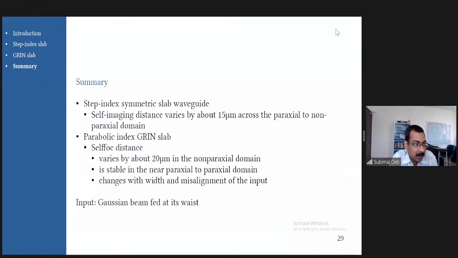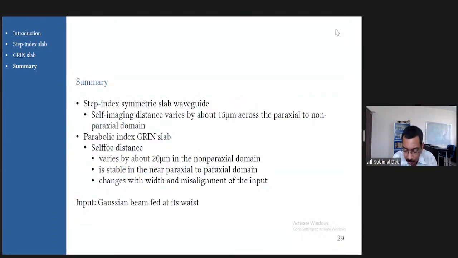The misalignment shows a change of the order of plus minus 10 microns. Actually, it's plus 10 to minus 12 microns. That is the sort of variation that one would see, but it's of the order of 10 microns with misalignment.